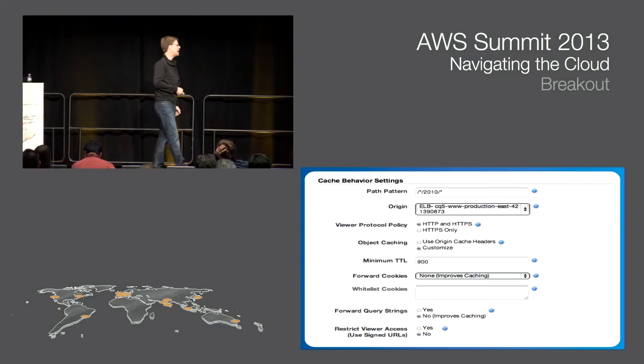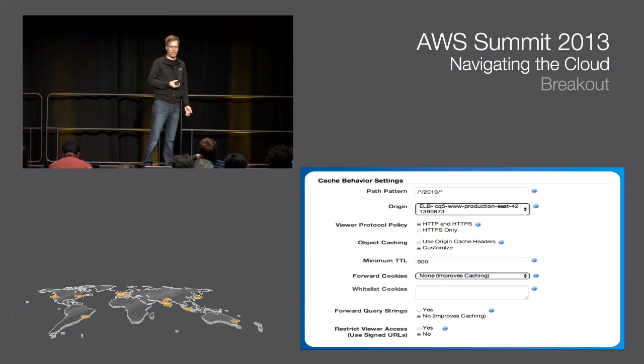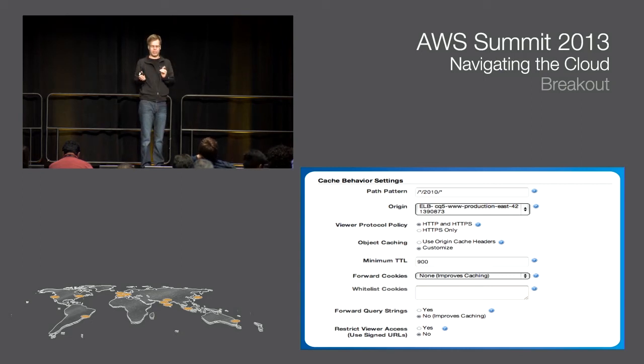This is an interesting one. Our URLs are structured around the date, so we decided to define different behaviors that match by year. Although we're only caching these for 15 minutes, we could theoretically say, and we will likely do this over time, anything before 2009 is not going to change, so cache it for hours.